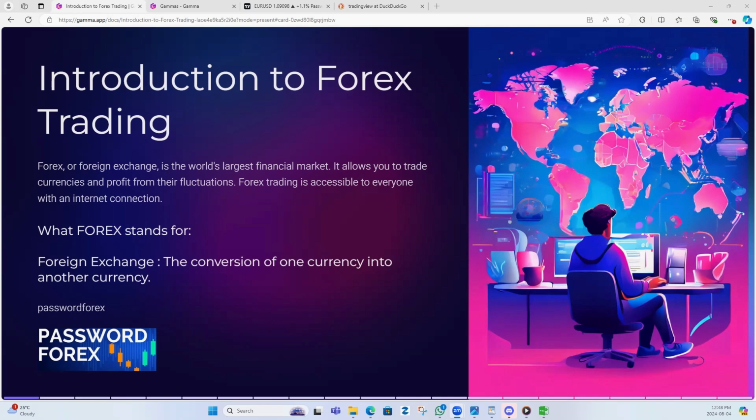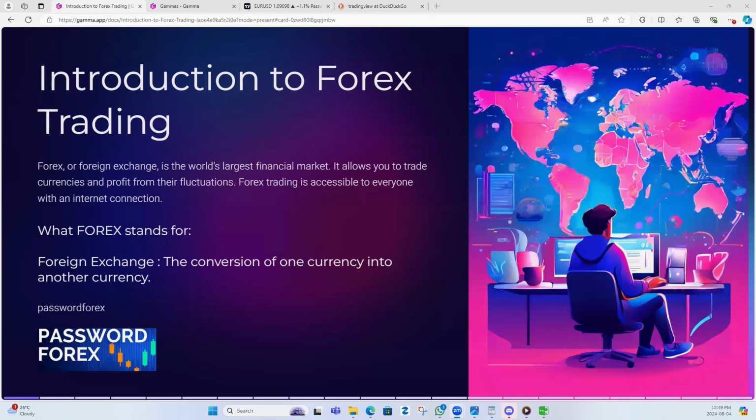And this is exactly what we are studying here. It's foreign exchange, the conversion of one currency into another currency. And that's what Forex trading is all about. There is a fluctuation of price between two currencies, and because of this fluctuation, we try to capitalize on the movement and trade those currencies based on the strategies that I have.